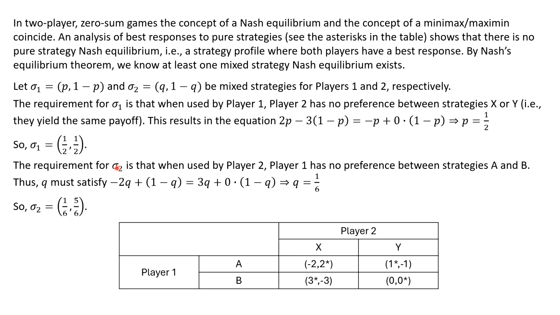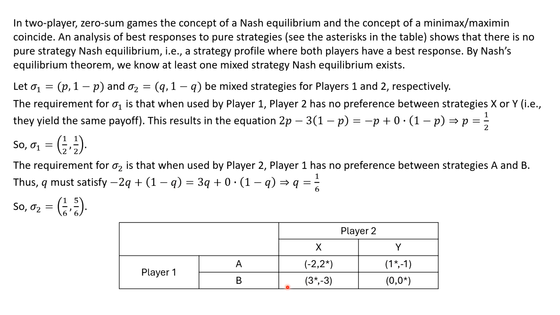Then the requirement for sigma sub 2 is that when used by player 2, player 1 has no preference between A or B. So then we see that here, if just looking at the payoff for A, using strategy A, it's -2 times Q, probability that player 2 plays X, plus 1 minus Q times 1.